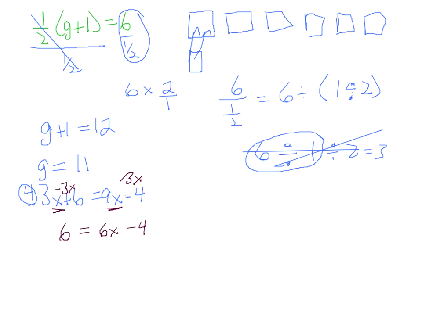Since we've done that, we now have gotten this into an equation that we're used to. Now I can see that I can start undoing what's being done. I can start to add 4 to both sides. So I have 10 equals 6x.